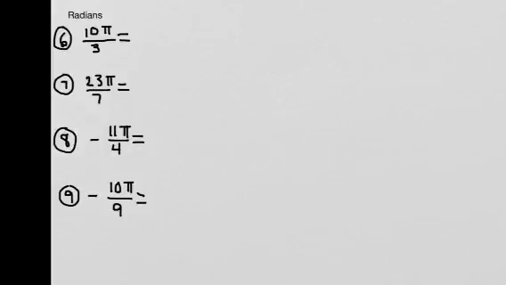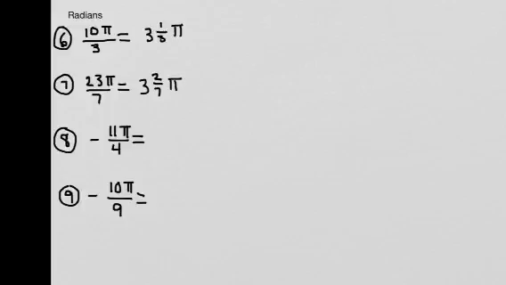Okay, so for radian measured angles, if you have an improper fraction like you see right here on number 6 through 9, the first thing you do is change it to a mixed number. So 10/3 is the same thing as 3 1/3. Okay, 23 pi over 7. How many 7s go into 23? That's 3, 21, remainder 2, so 3 2/7.